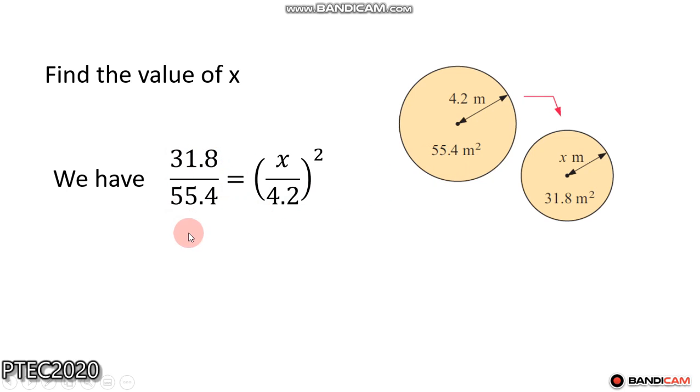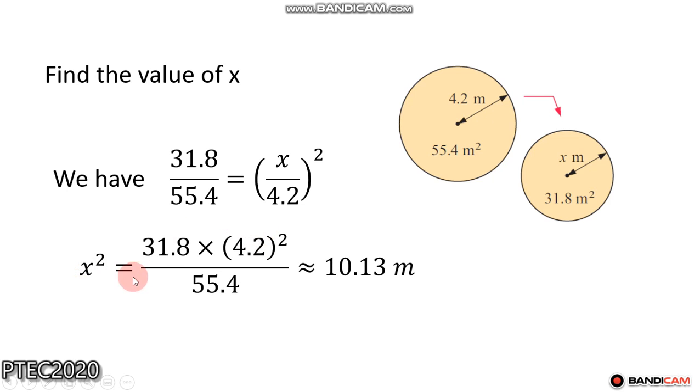Here is the ratio of the areas of the two figures, and it's equal to the square of the ratio of the corresponding sides. We can use the radius as the side. So the radius of the smaller one, the image, is h, and the radius of the big circle is 4.2. So we can conclude like that, and then we can solve it in order to find h.